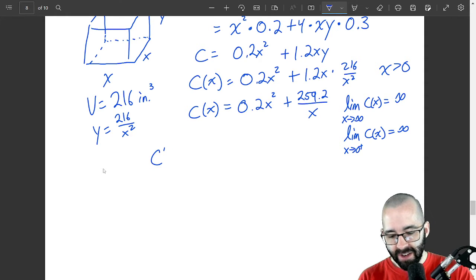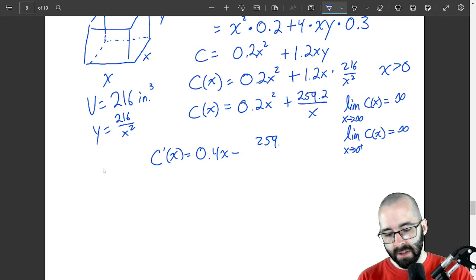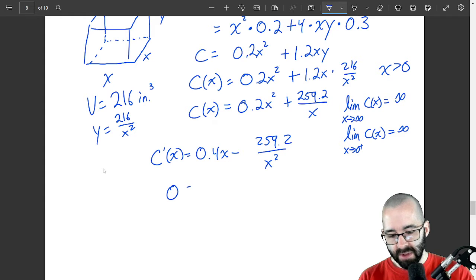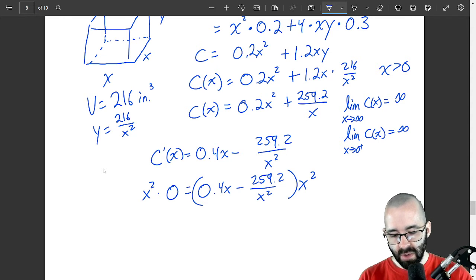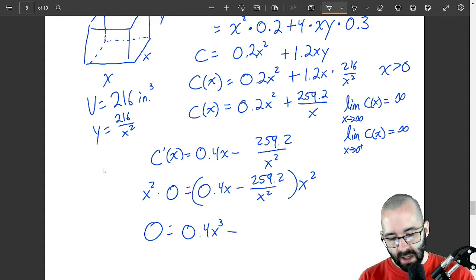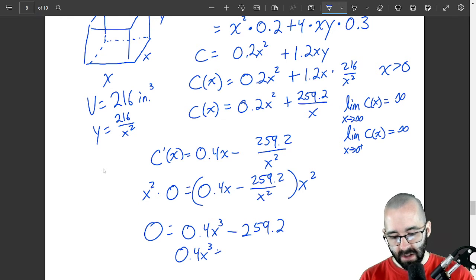So we take the derivative of the cost function, and we're going to eventually set it equal to 0, because again, this becomes very, very similar to the last problem. To set this equal to 0, we don't have to worry about when it's undefined, because when it's undefined is outside of our domain. We'll multiply both sides by the LCD, which is x squared. That's going to give us 0.4x cubed minus 259.2, or 0.4x cubed equals 259.2.